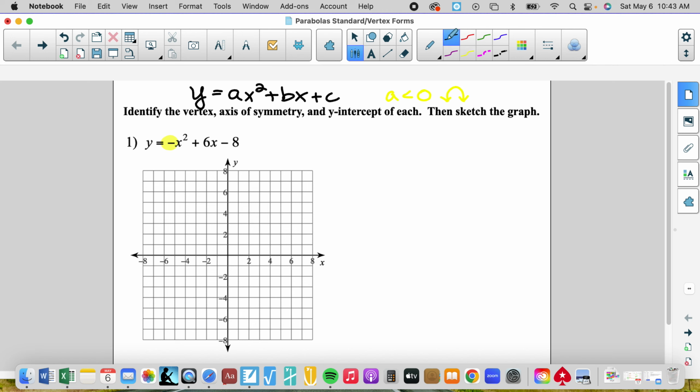But we should always recognize and label what we have for a, b, and c values. It's just good practice. It keeps it clear. So when we go through our steps in graphing, we know what those things are.